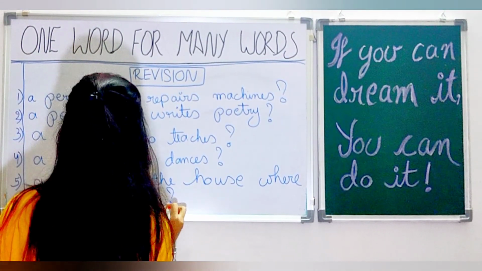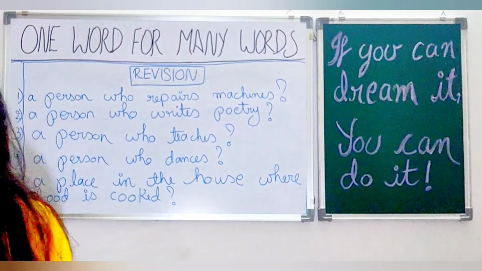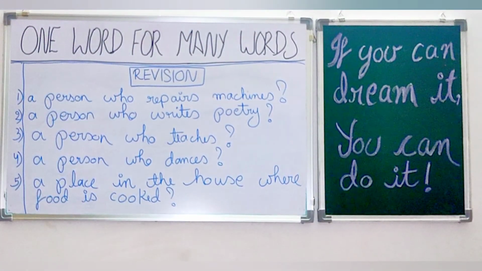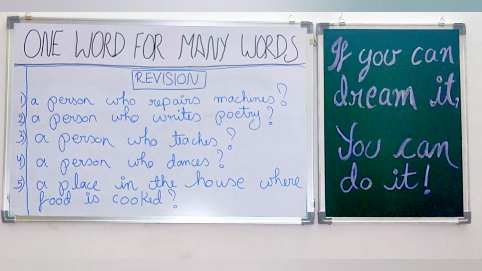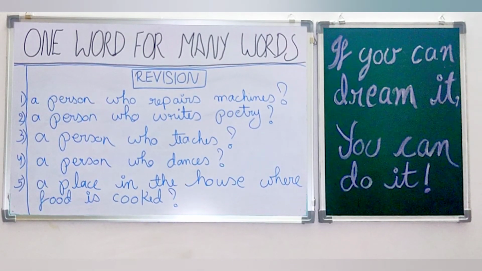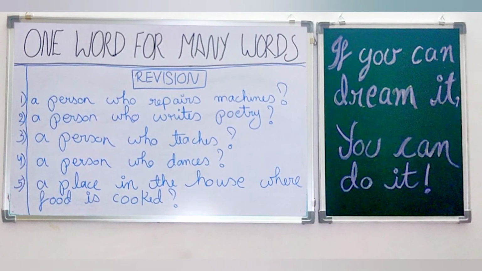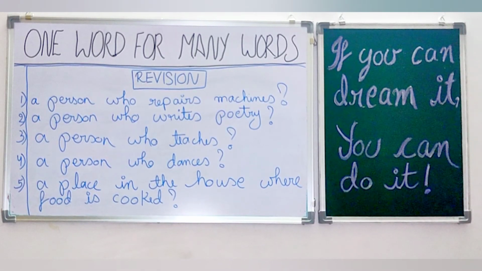So what do we call a place in the house where food is cooked? Okay, I can give you a hint. The word starts with K. I think now you all can write it. Correct?